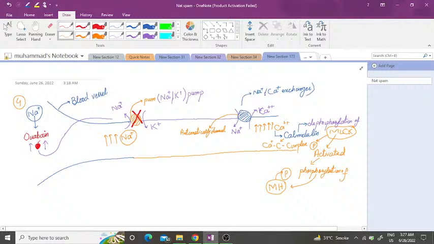When myosin light chain kinase is activated, it will cause the phosphorylation of the myosin head. The myosin head will cause the contraction of blood vessels, and that leads to hypertension.